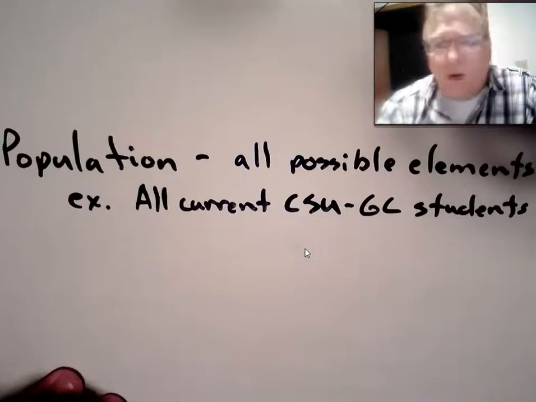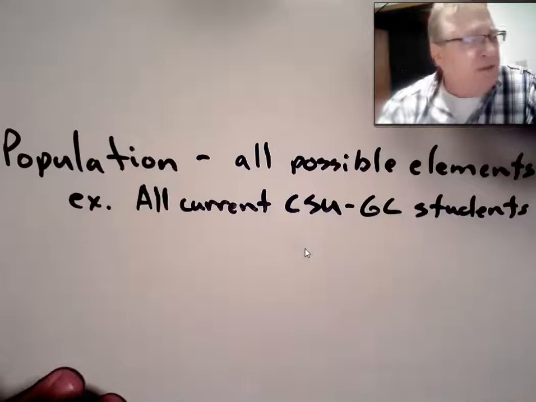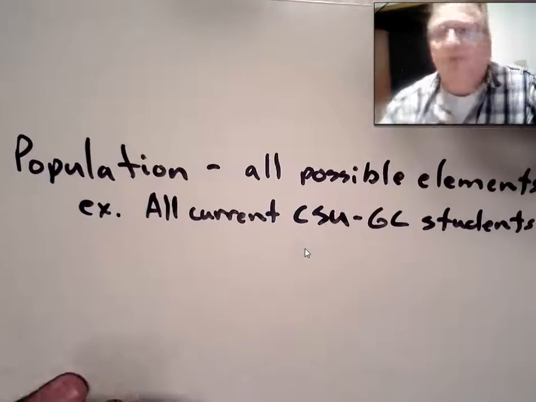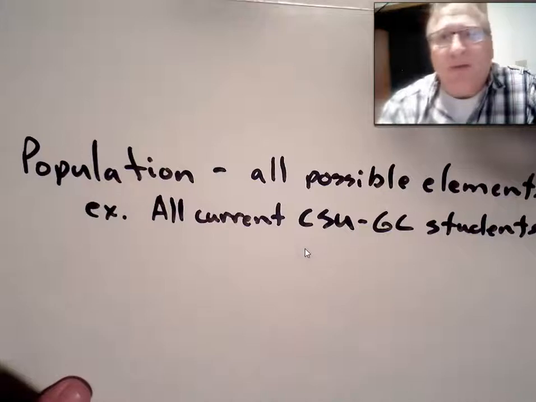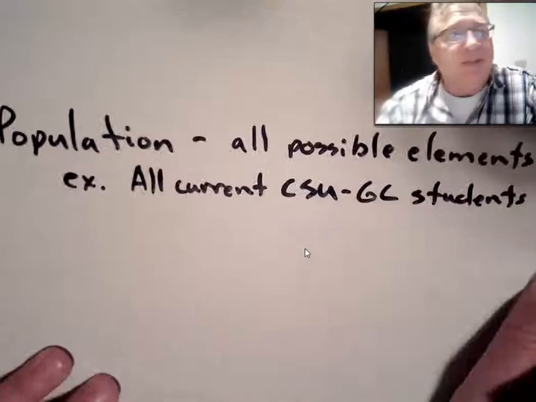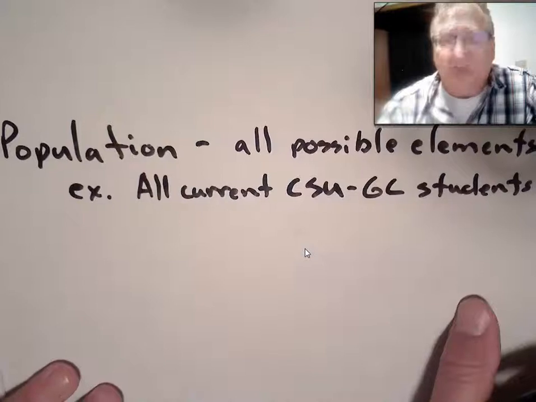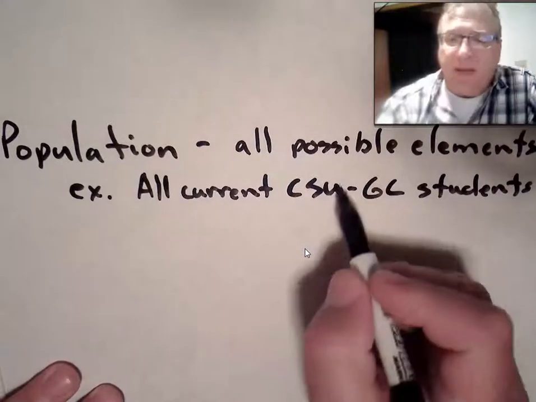There's no more other possible elements. We've listed them all, every single class. How about students who've already finished and gone on to great jobs? Nope, they don't count because we've defined our population as all current CSU Global Campus students.